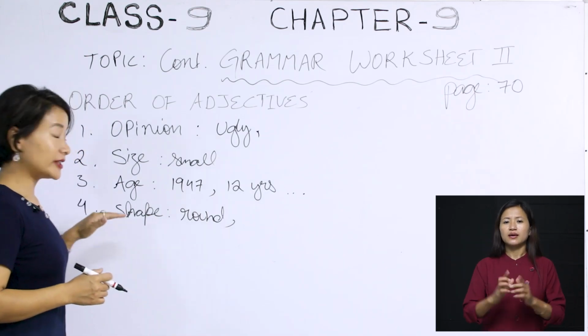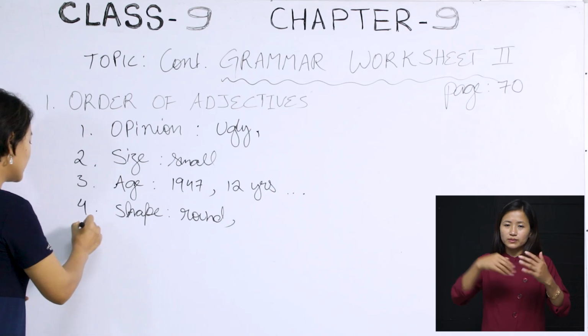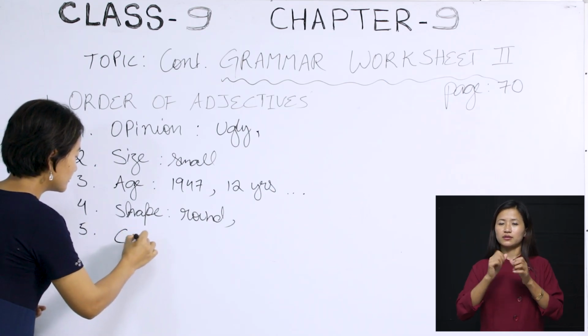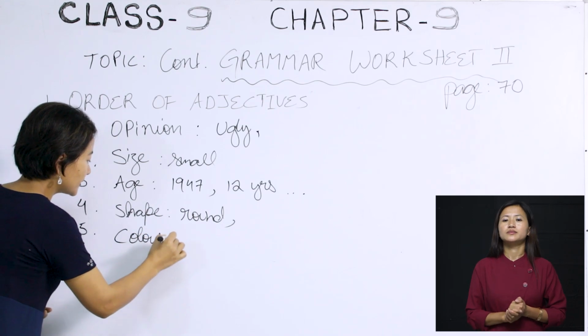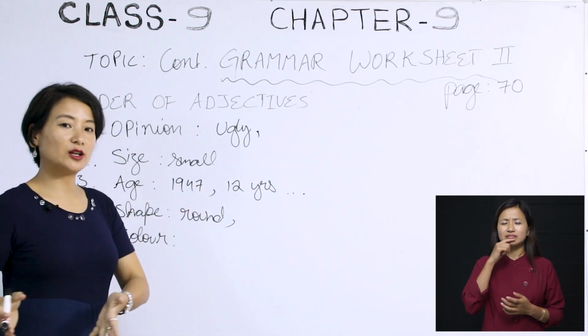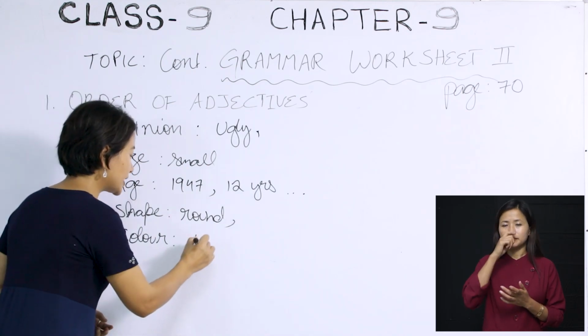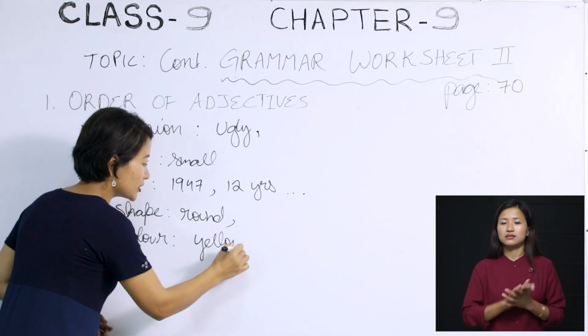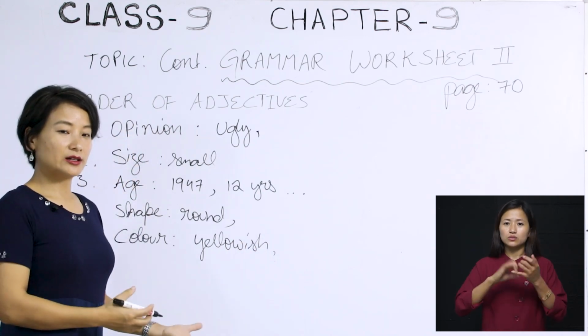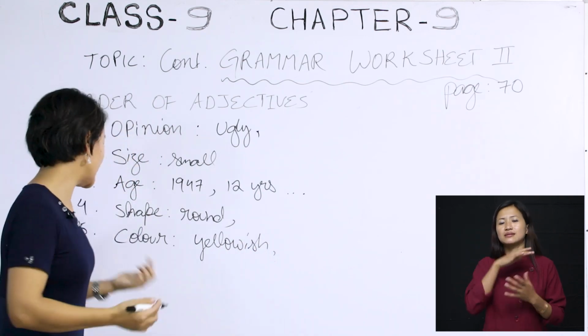So that will come under shape. Then comes color, whether it is red, pink, yellow. In fact, you can even go with yellowish, somber, and so on. Dark color, you can also go with that.